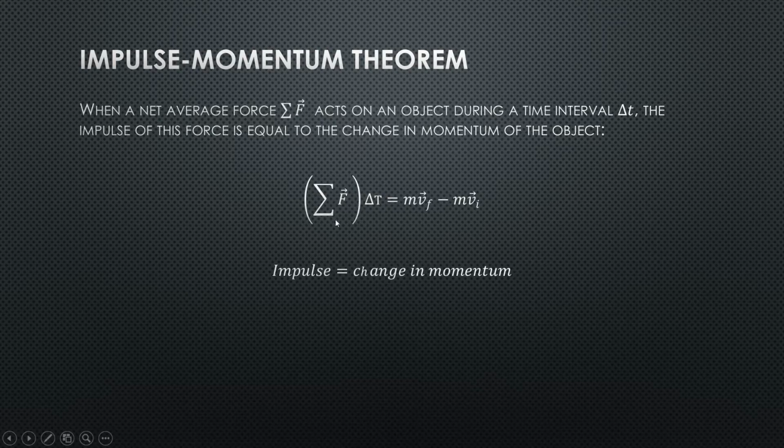So the impulse will be equal to the change in momentum, final minus initial. F delta t is impulse, and final velocity multiplied by mass minus initial velocity multiplied by mass is the change in momentum.